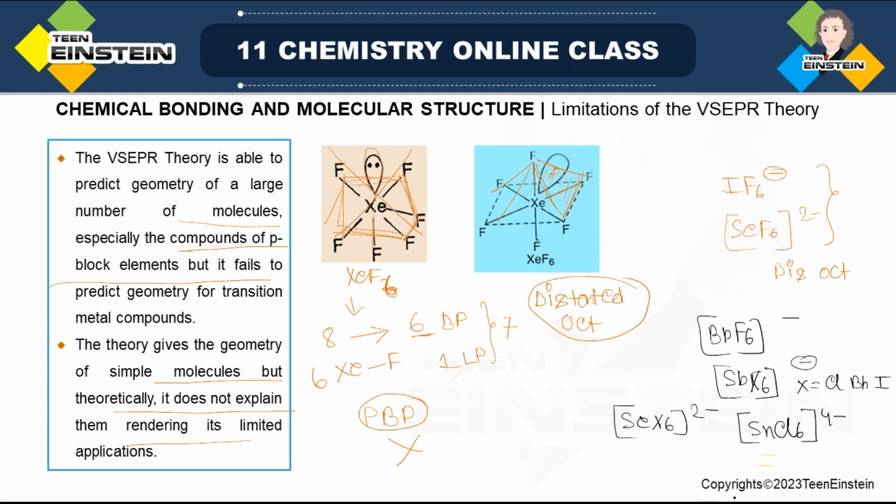So for all these structures, if you predict the geometry based on VSEPR, the structure that you will get will not match with the experimental result.